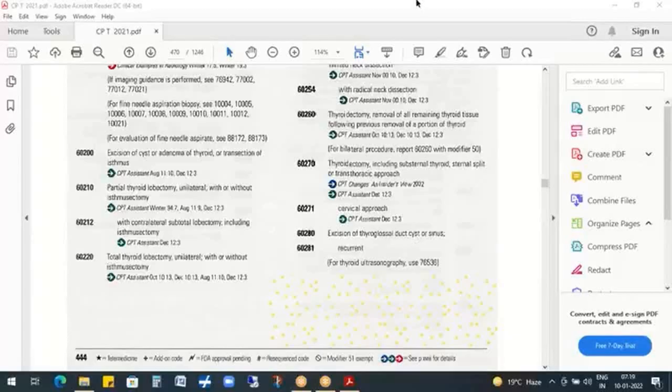Are you there, everyone? 60210 means partial thyroid lobectomy. What does it mean? See, this is a thyroid gland, normal thyroid gland. On any one side, if they removed 1/3, 2/3, we call it as partial.